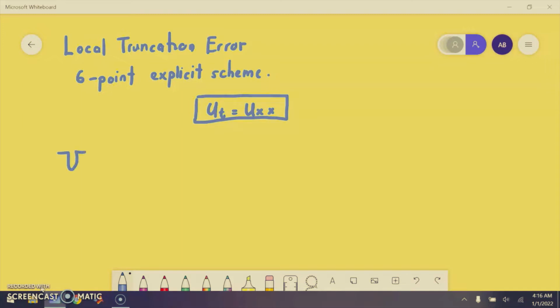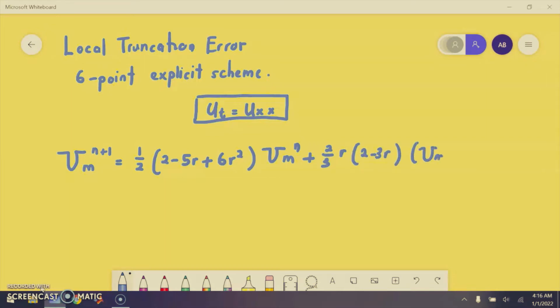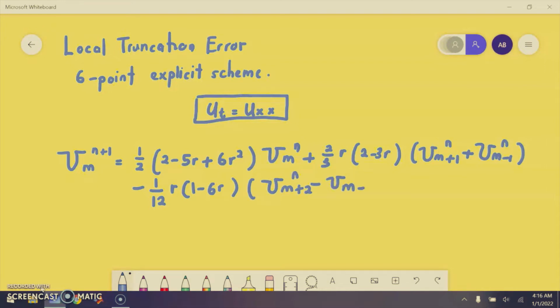And this 6-point scheme is given as U_m^{n+1} equals half (2 minus 5r plus 6r squared) U_m^n plus 2 over 3 r (2 minus 3r) (U_{m+1}^n plus U_{m-1}^n), and then minus 1 over 12 r (1 minus 6r) (U_{m+2}^n plus U_{m-2}^n).